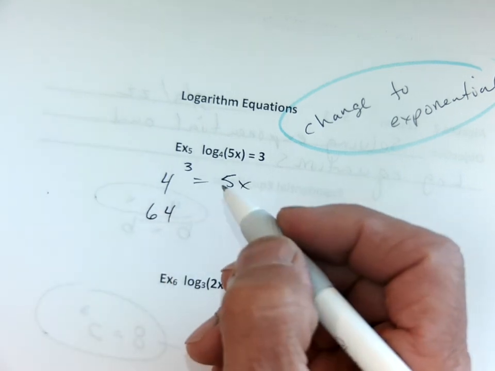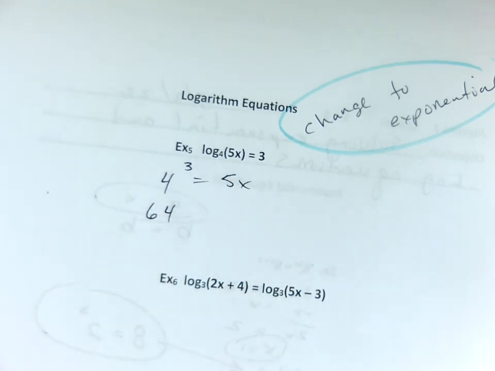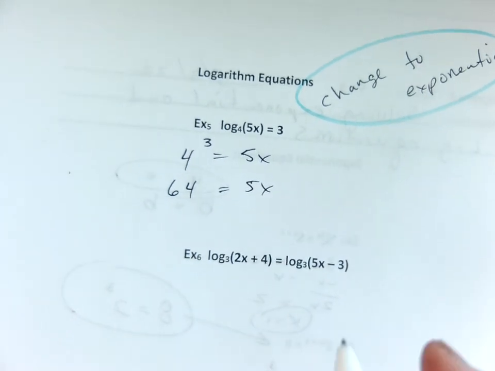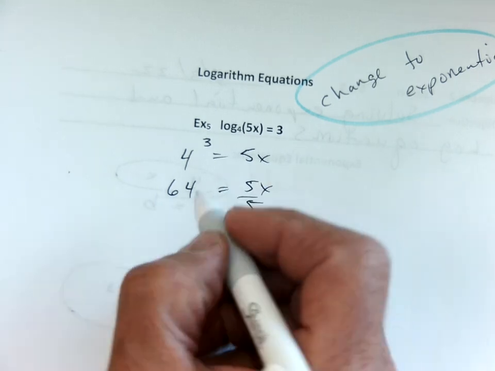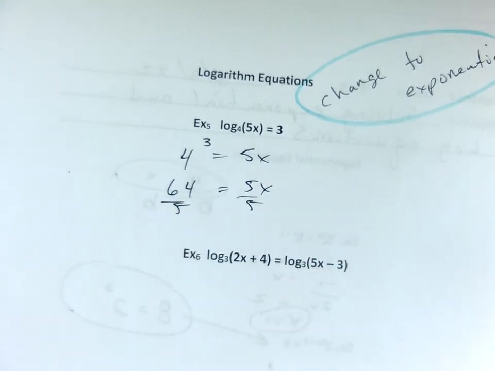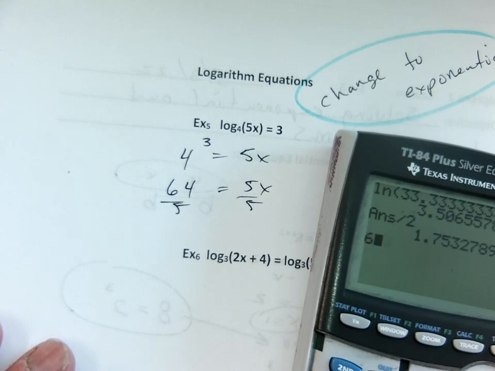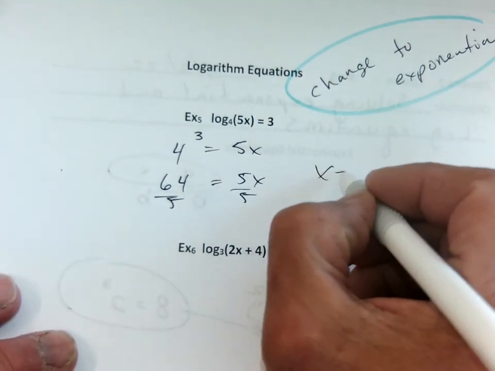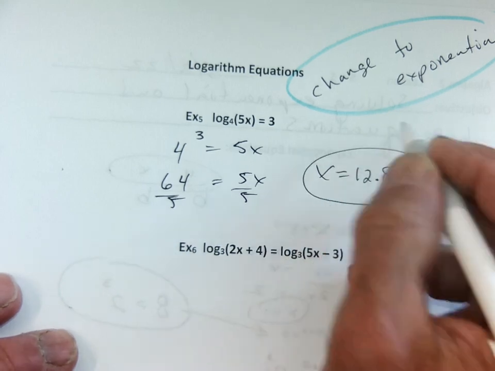You can use a calculator, but it is 4 times 4 is 16 times 4 is 64. Equals 5x, right? Divide by 5. Divide by 5. And let's see, 64 divided by 5 is 12.8. Okay, how am I doing?